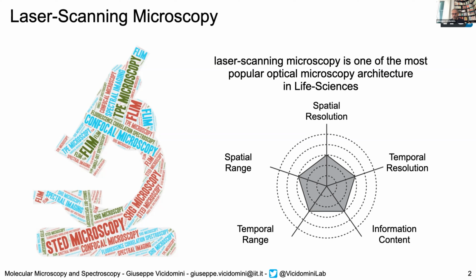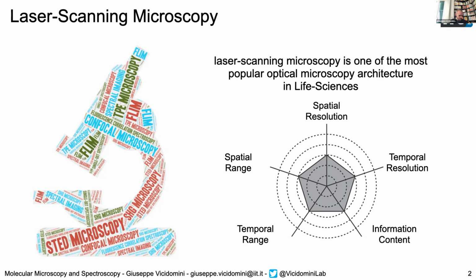Some of them for sure you saw during this workshop, but let me mention a few. First of all, confocal microscopy, that provides you optical sectioning, so you can navigate across all the three-dimensional space of your sample. Then two-photon excitation microscopy, that provides the possibility to go deeper in your sample. Then fluorescence lifetime microscopy.